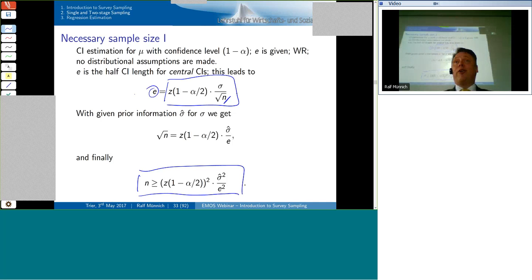So what's the big issue here? Well, one thing was already named, the normality assumption. We saw examples where we have to be careful, but even more difficult is that we have here the variance or a variance estimate for our estimator. We didn't sample so far. How and where do we get the values? Well, one possibility would be, do we have information from a highly correlated variable?